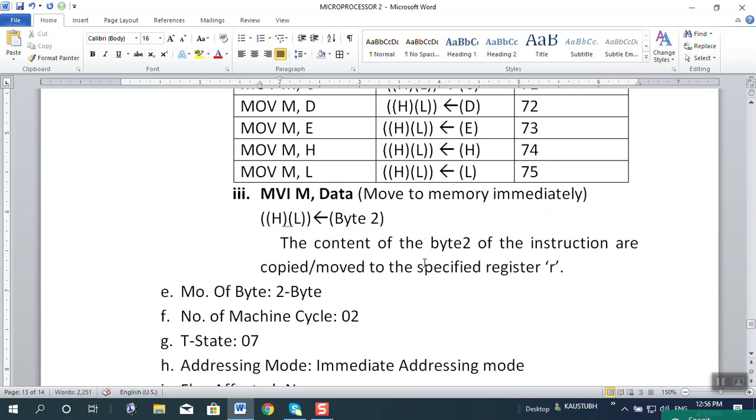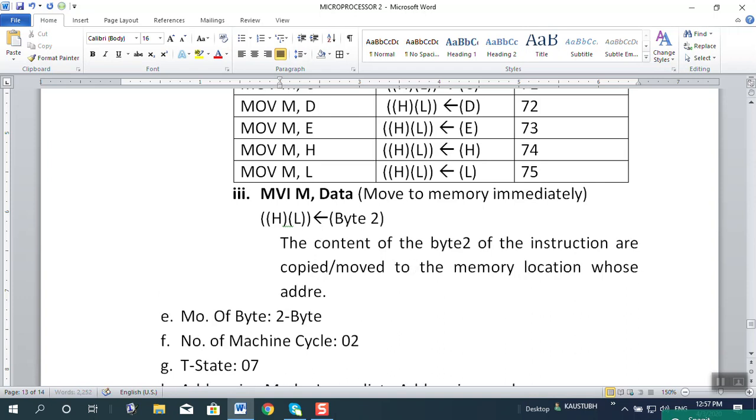The content of byte 2 of the instruction is copied or moved to the memory location whose address is in HL register.